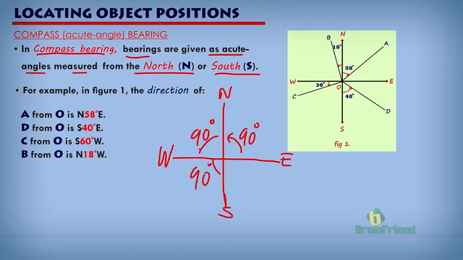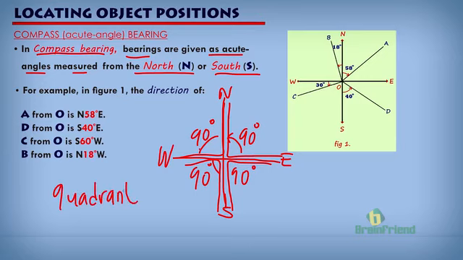So in maths, we say we have 4 quadrants, the divisions of our directions. This is one quadrant, all of this. This other part is another quadrant. This is a third quadrant, and this is a fourth quadrant. The quadrant is spelled like this. Each of these quadrants has a 90 degrees angle.